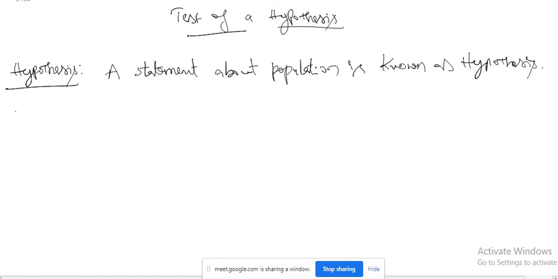What is a statistical hypothesis? We will see.